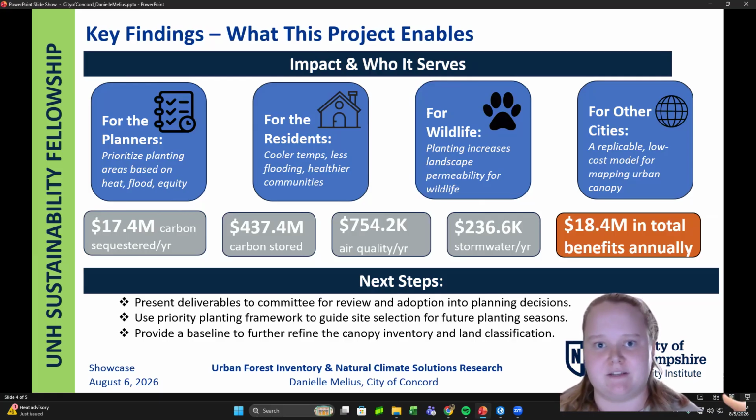Was it clear cutting for a parking lot, or was it an invasive plant or bug that caused this canopy loss? And just be able to further improve the land classification that we had and make these maps and this data even more accurate. Because again, I can only do so much on a computer from 2 states away.